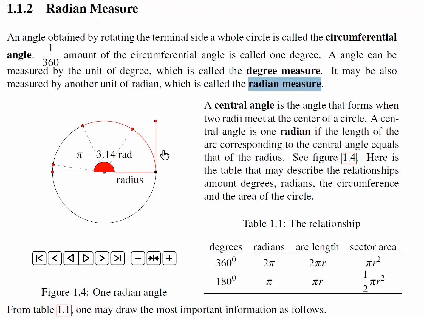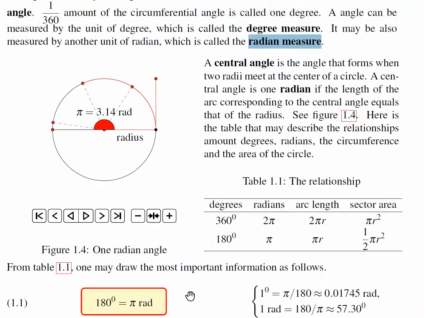So from here to here, the length of the arc is pi times r. The corresponding sector area, this semicircle, is 1/2 times pi r squared.